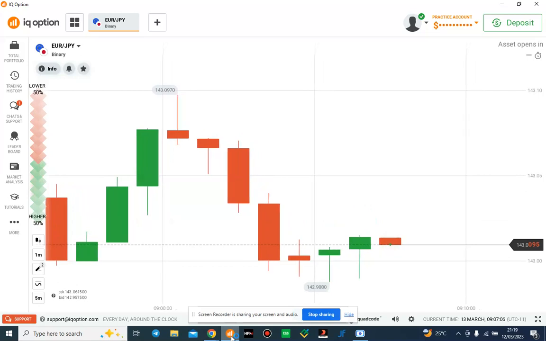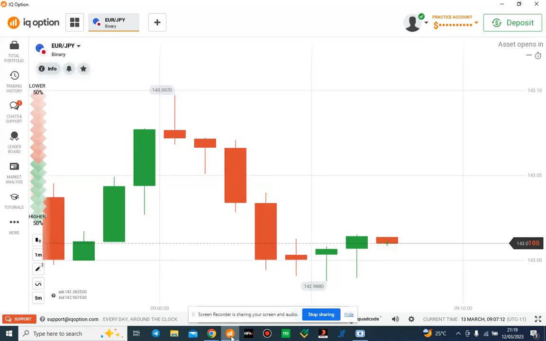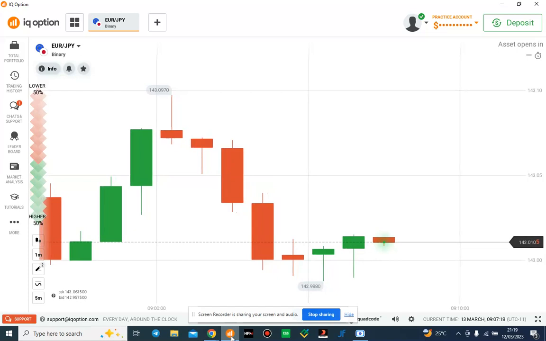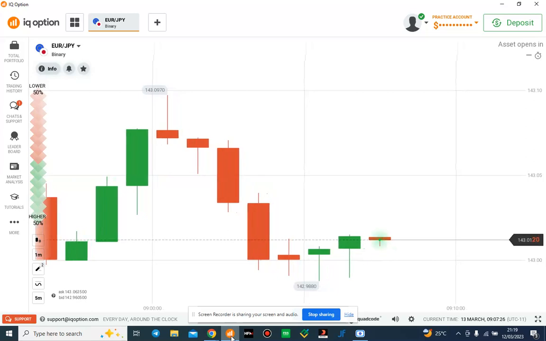You might be wondering if the market is against you, or maybe there is some manipulation in the chart. Well, there's nothing like that. It only means that the market presents itself every day with a different dimension.